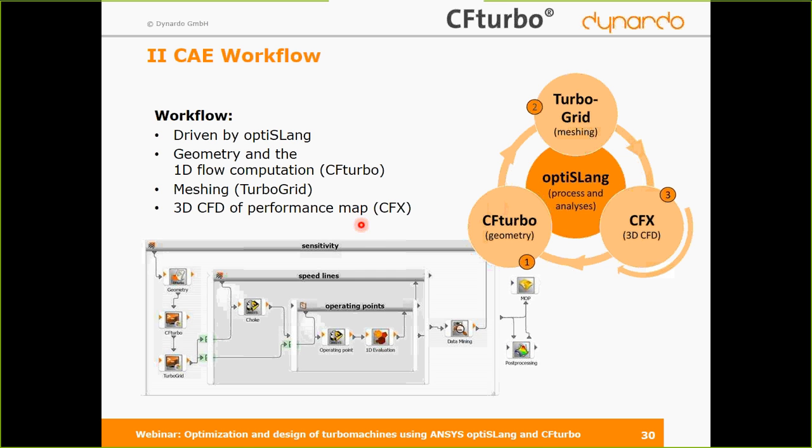And you can see a screenshot from the optiSLang summary where this workflow has been implemented, and we'd like to go through these different nodes within optiSLang explaining this process chain.